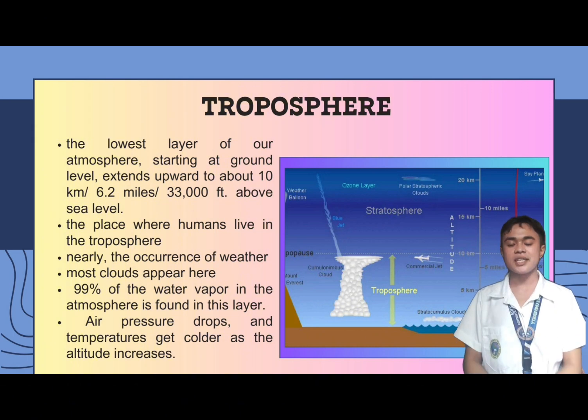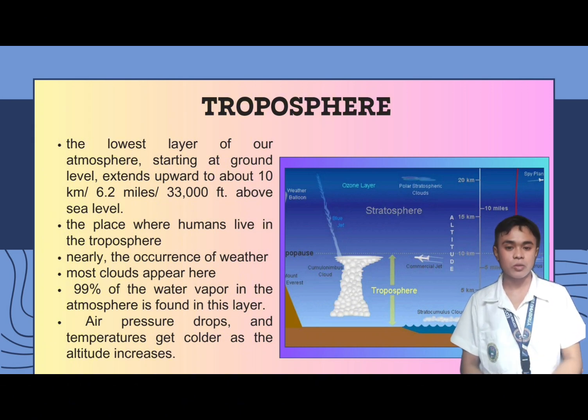The troposphere is the lowest layer of our atmosphere. Starting at ground level, it extends upward to about 10 kilometers or 6.2 miles or about 33,000 feet above sea level. We humans live in the troposphere.